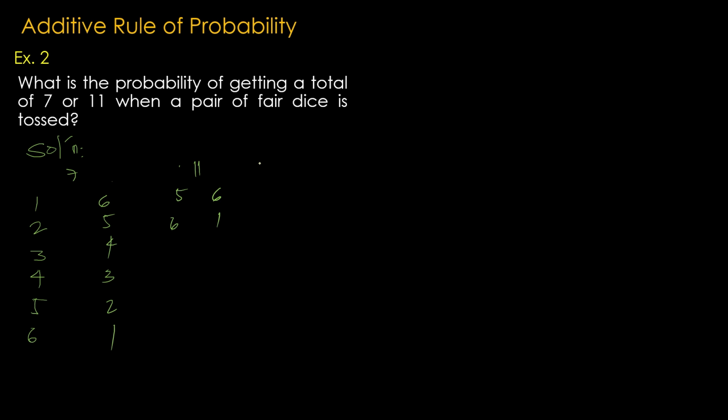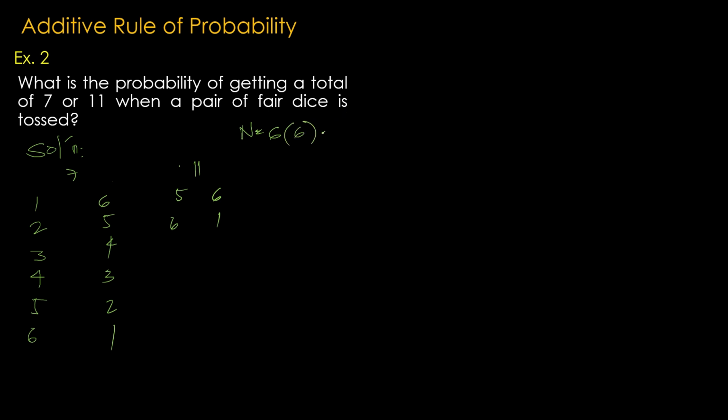So you need to find the total number of possible outcomes. From our multiplication rule, that n should be equal to the first die has 6 sides, so that would be 6, times the second die, which also has 6 sides.